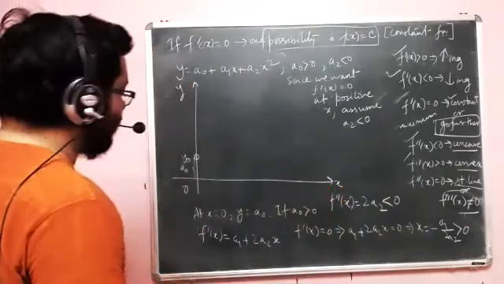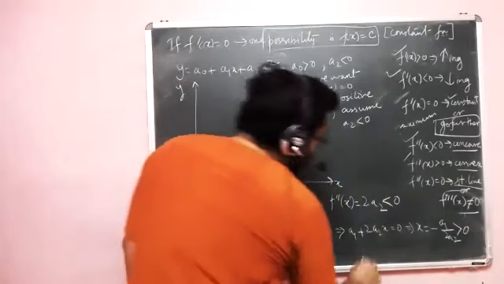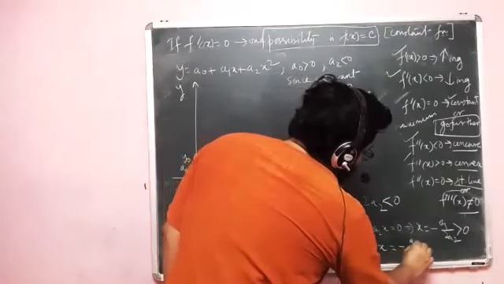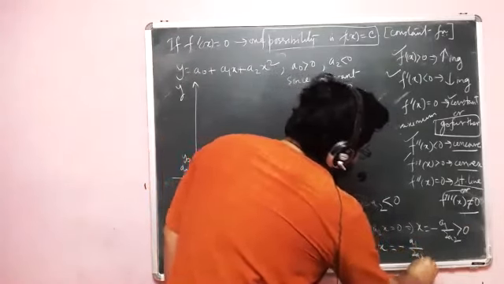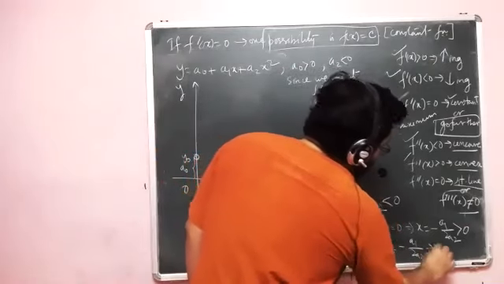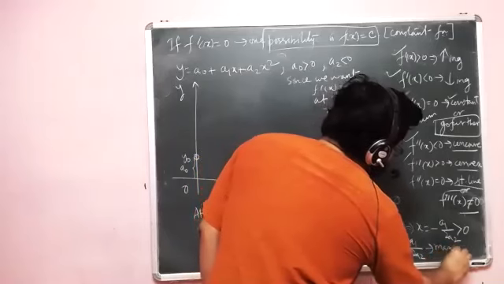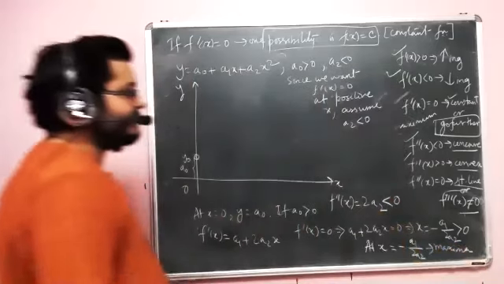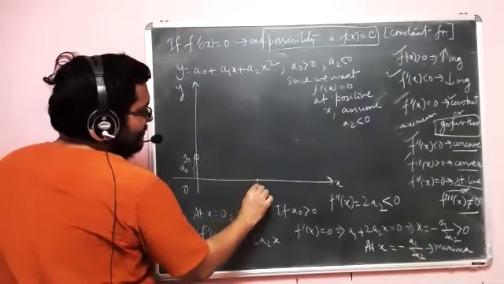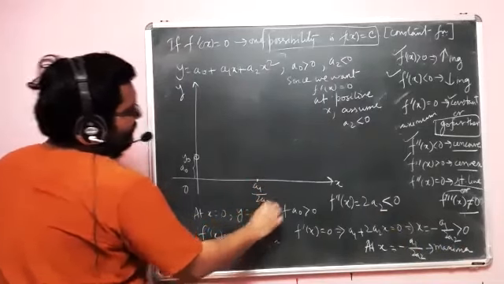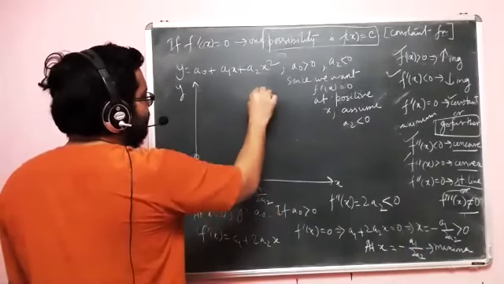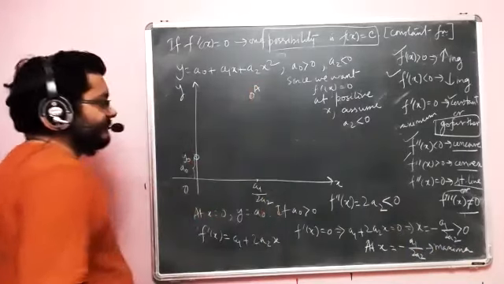So that means at x equal to minus a1 by 2a2, we are looking at a maxima. Since it is positive, let's say this is my a1 by 2a2, and we have a maximum point here. Let's say this is some a.